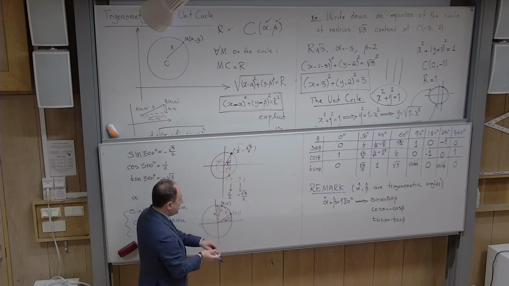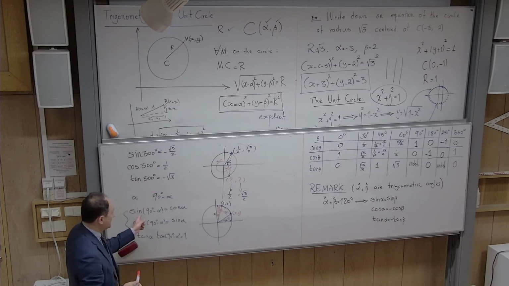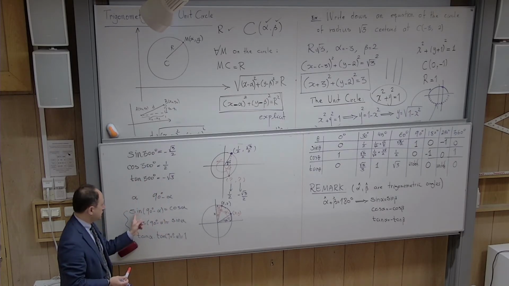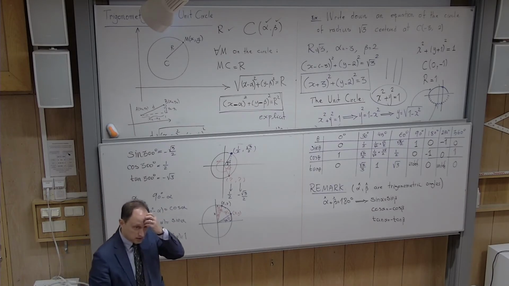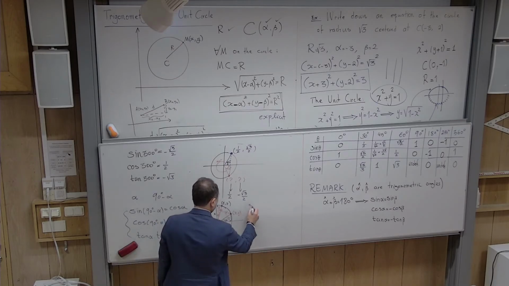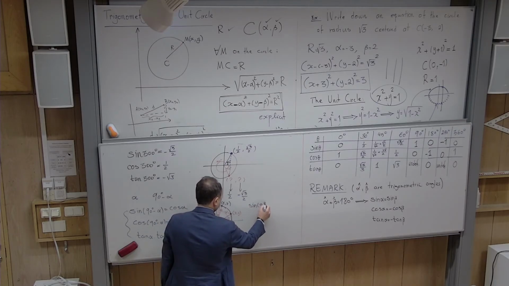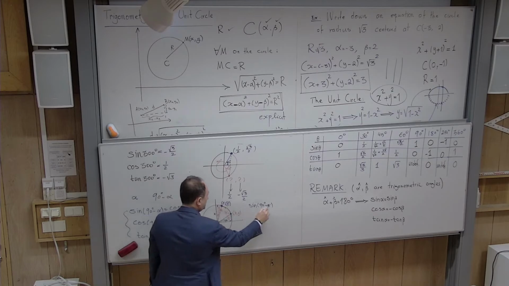So it means that the x and y coordinates are flipped. Okay, and that's the reason sine becomes cosine, cosine becomes sine. Yes? Is that clear or not? Sure. So if I ask you what is sine of 90 degrees minus alpha, you will tell me I find 90 degrees minus alpha and I read the y coordinate, which is x.